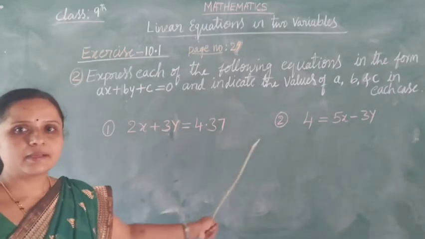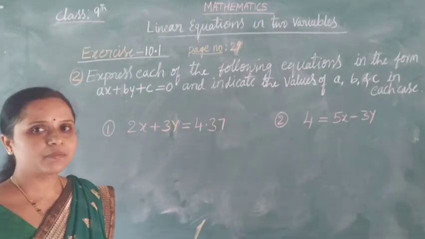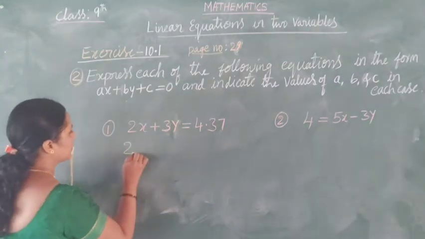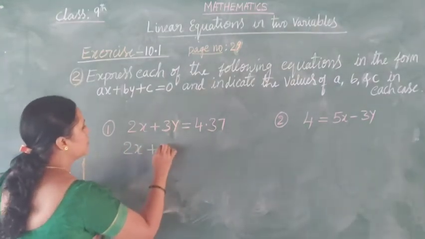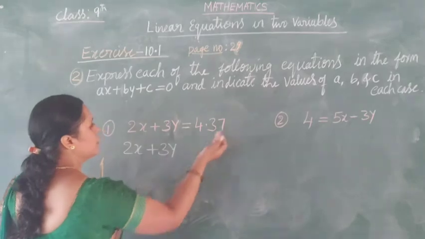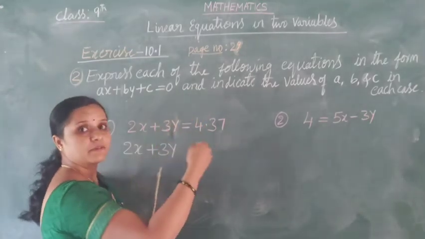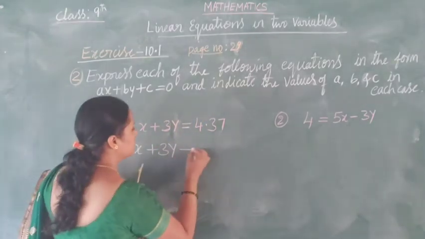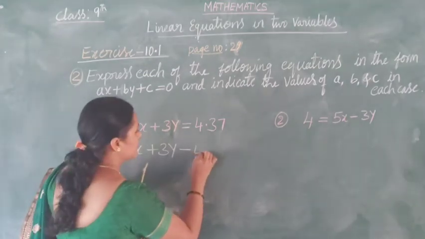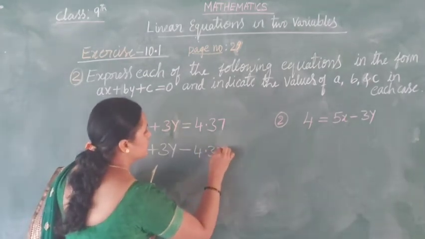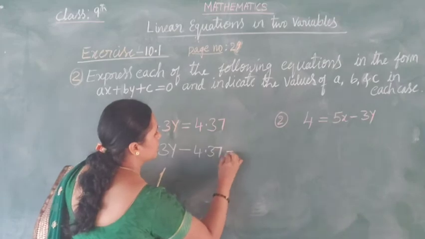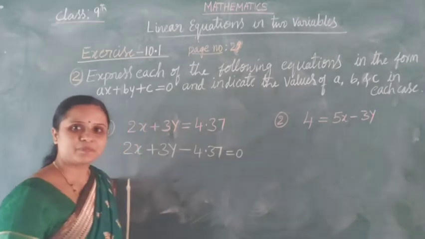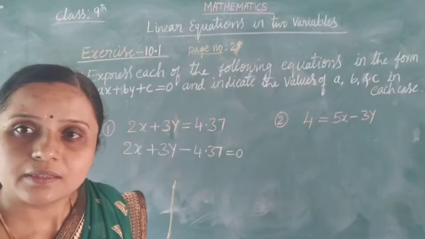You can see I write this in the general form: 2x plus 3y, you take 4.37 to the other side, so that becomes minus 4.37 equal to 0. Now you can see this is in general form.